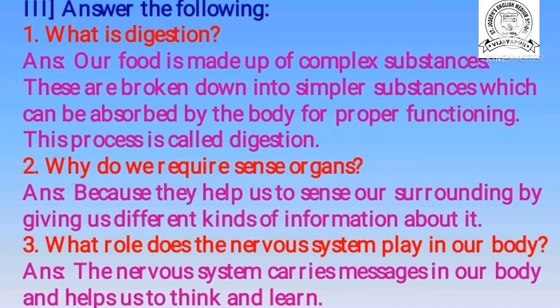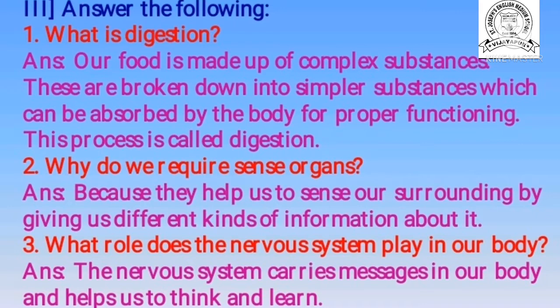lots of parts included. Which ones? The food. When we eat the food, the saliva makes the food very soft. Then it enters our esophagus. Through the esophagus it enters our stomach. In the stomach there is digestive juice which can break down the food or convert it into semi-liquid fluid.